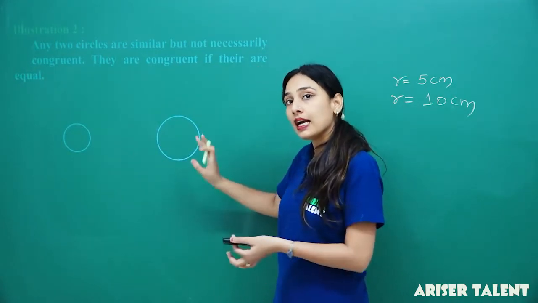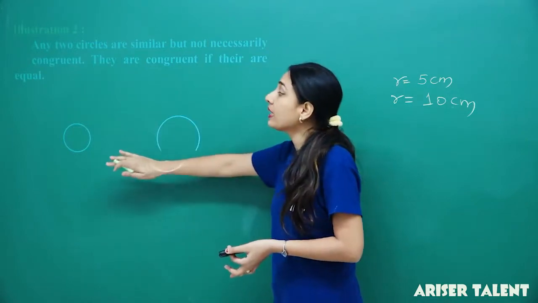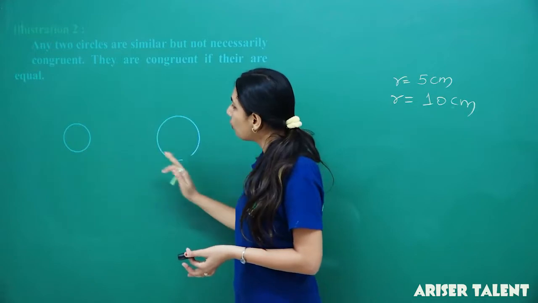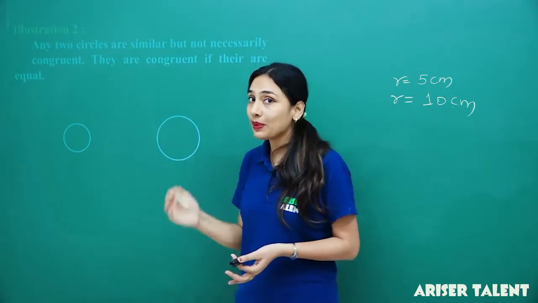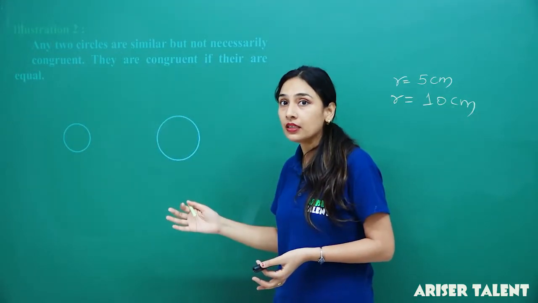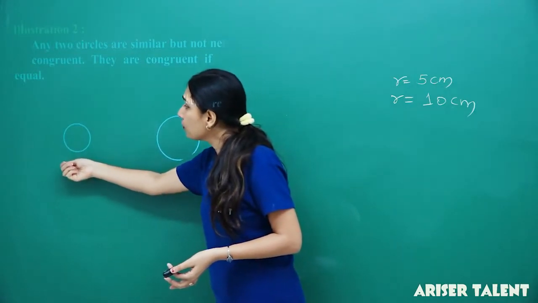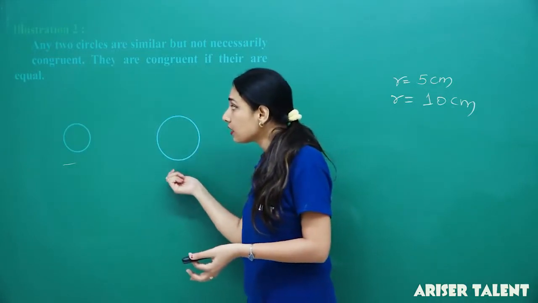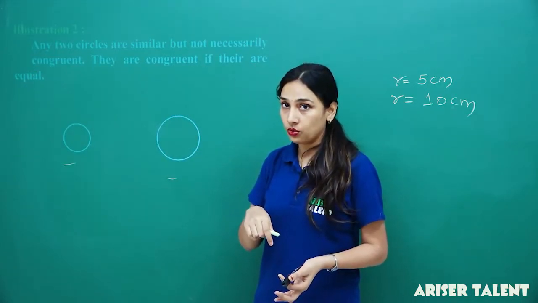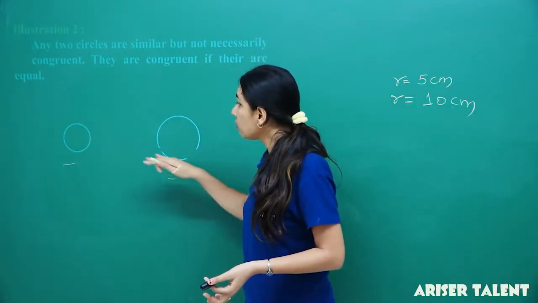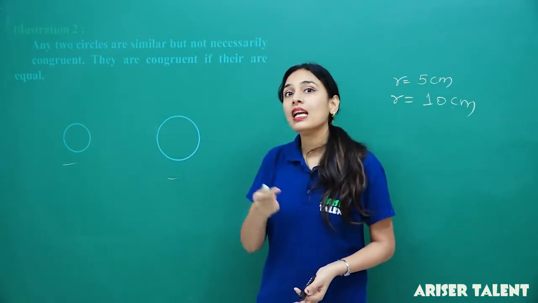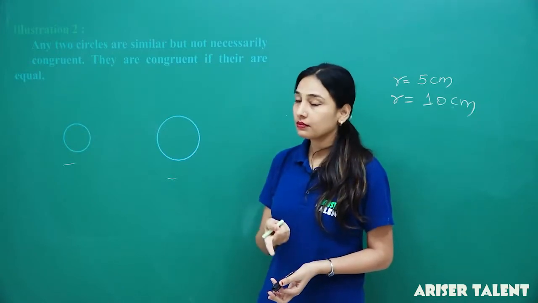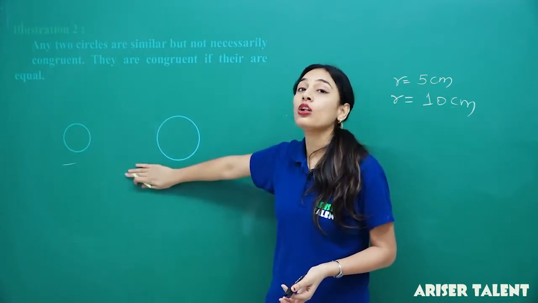You can tell it just by looking at it. Both are similar, but are they congruent? If the radius of this circle is equal to the radius of the other given circle, then only these circles are congruent, but they are always similar.